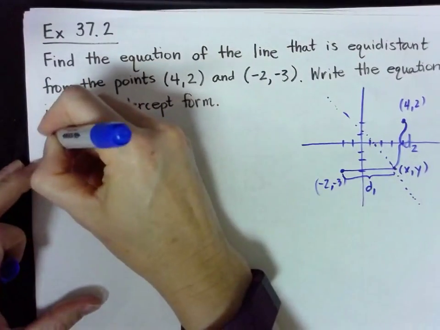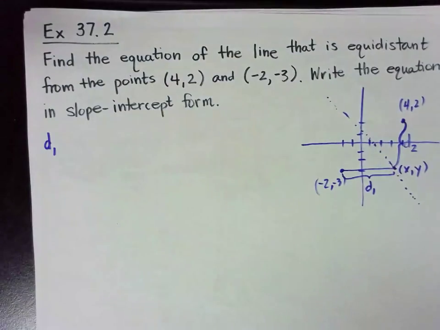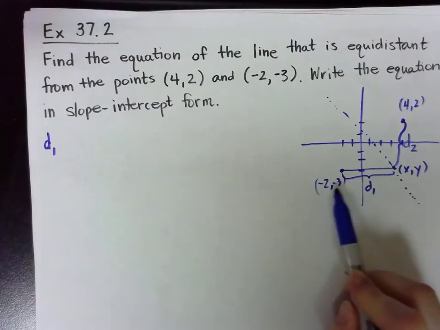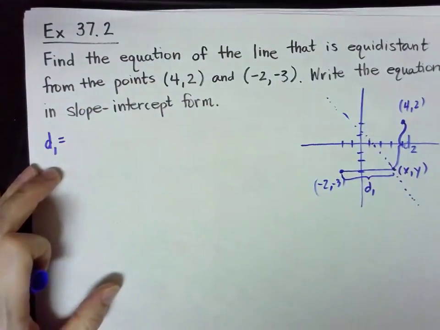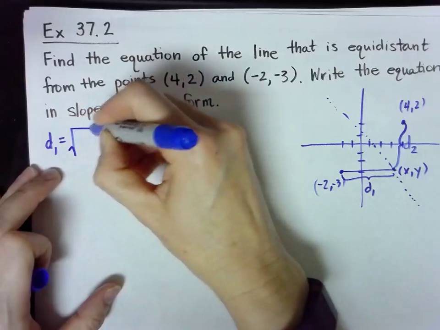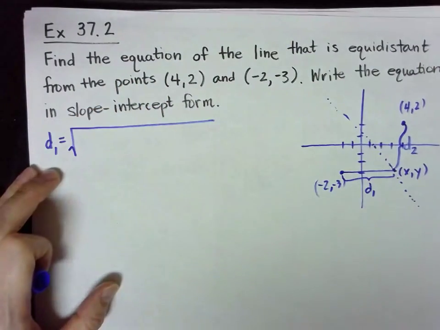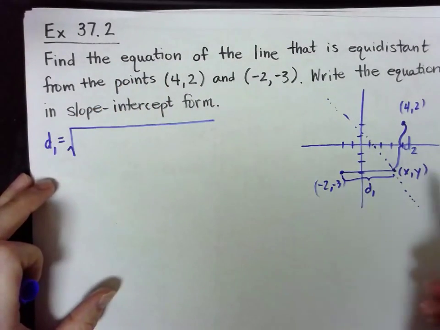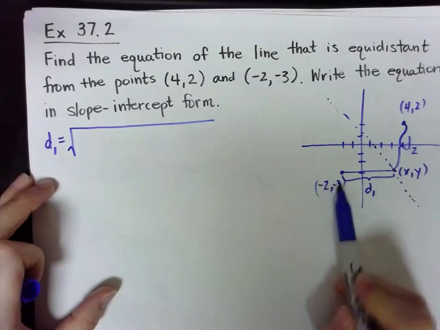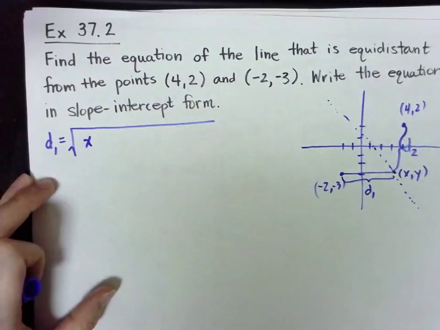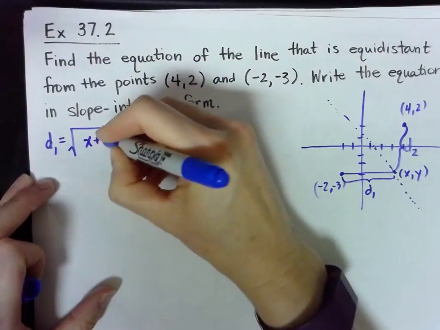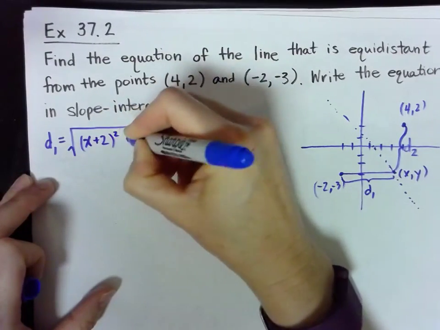Okay, so the distance D1, well, that's just the distance from point (-2, -3) to the point (x, y). So we can put that in the distance formula and figure out what that is. The distance formula, we have to take the differences of the x. Since these are negatives, I'm just going to go ahead and start with x. So it would be x minus -2, or x plus 2, squared.